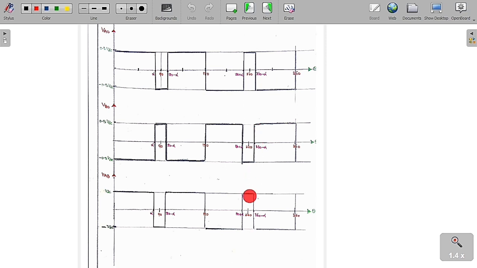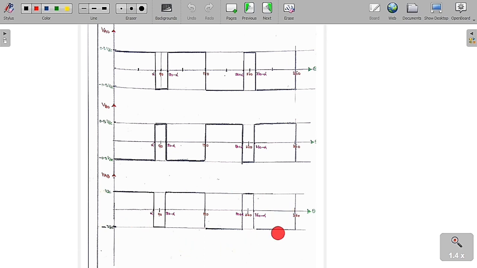So VAB is equal to plus VDC. Similarly, from 360 minus alpha to 360, I am going to turn on switch 3 and switch 4. Therefore VA0 is equal to minus 0.5 VDC, VB0 is equal to plus 0.5 VDC. So VAB is equal to VA0 minus VB0, so we are going to get minus VDC.